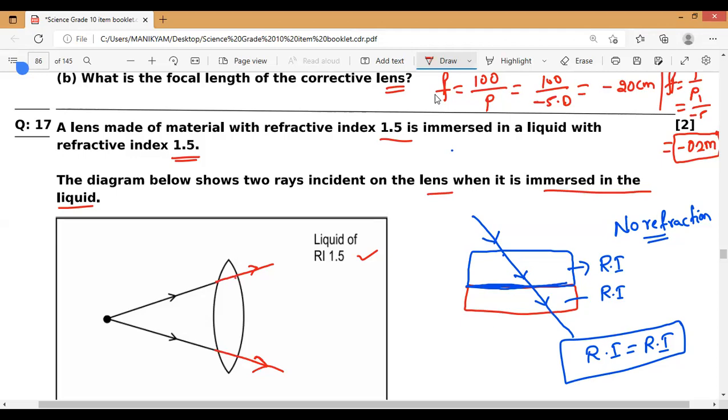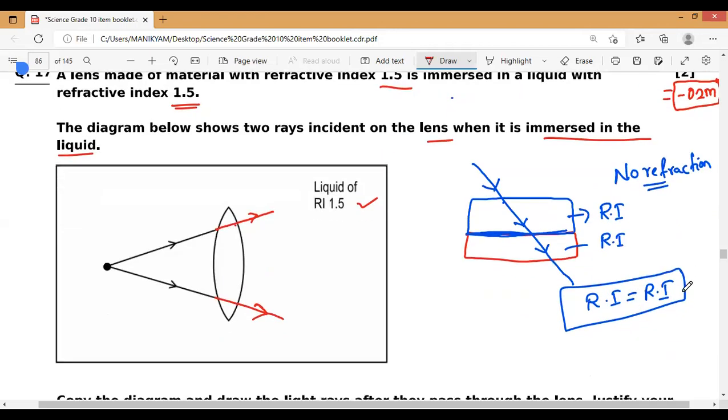That's all. So what is the answer you should mention? If the refractive index is the same, then no refraction will take place. If any mediums have the same refractive index, then no refraction will take place. That is the statement.